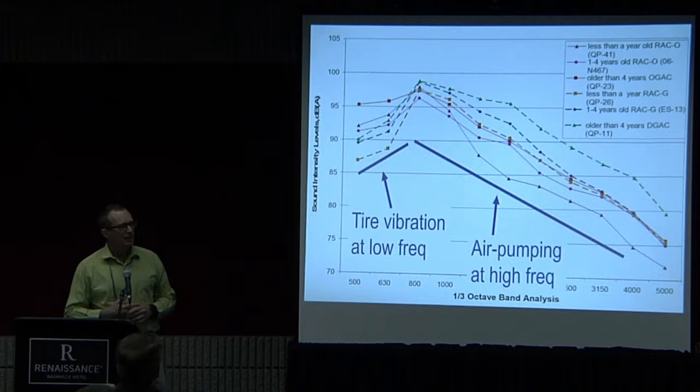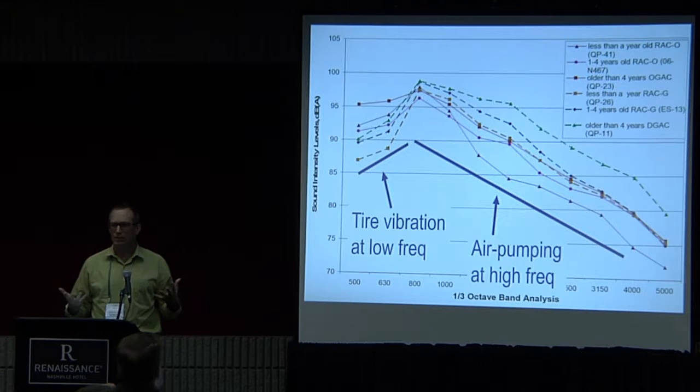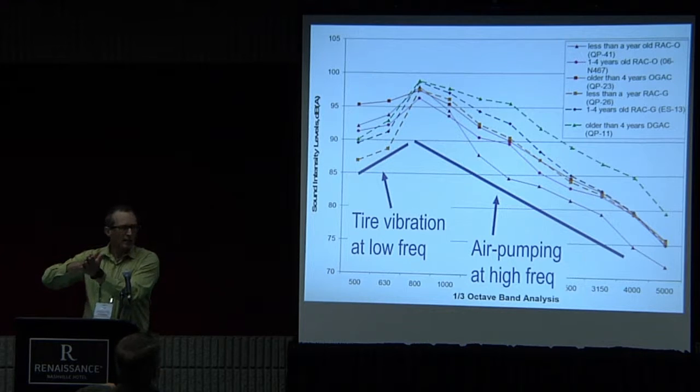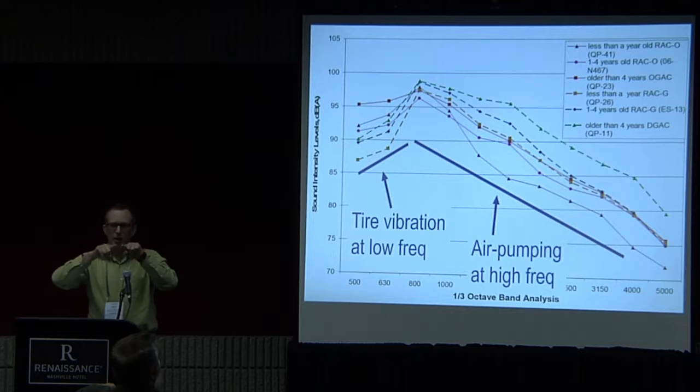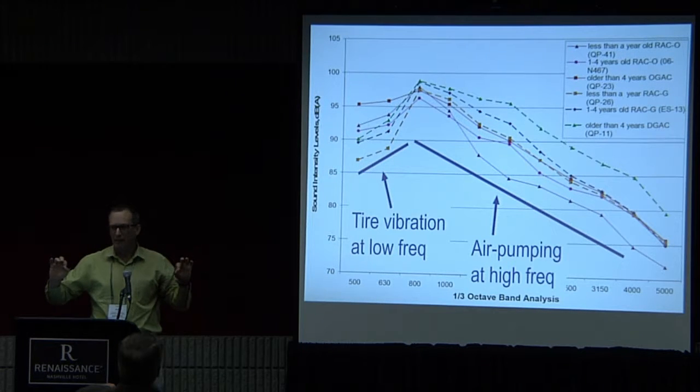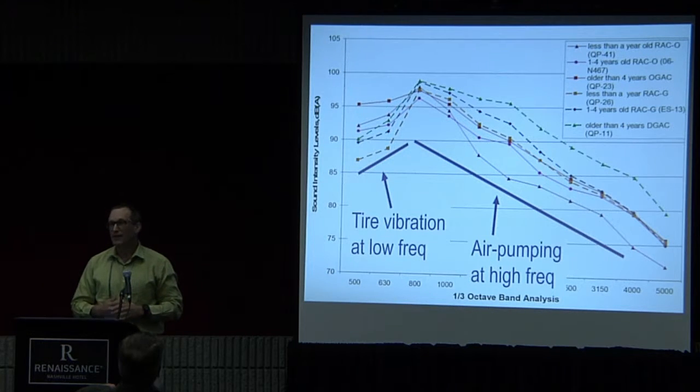Air pumping is the other frequency. That's the hissing sound that you hear. And that's basically the tire, as it comes around, squeezing air out from between the tire and the pavement. And the longer that path that air has to go, the faster it's going to have to move to get out of there, and the higher the decibel level of that hissing noise.